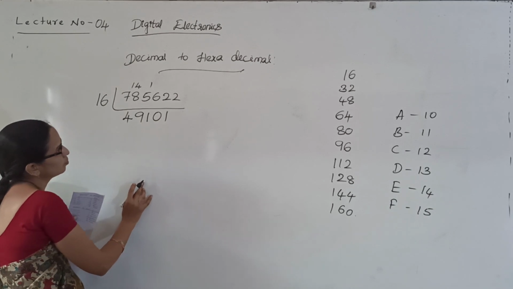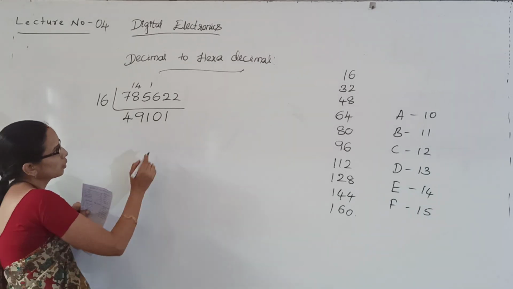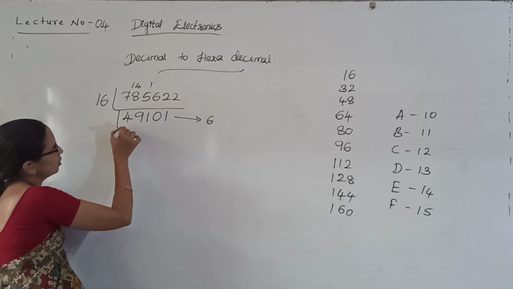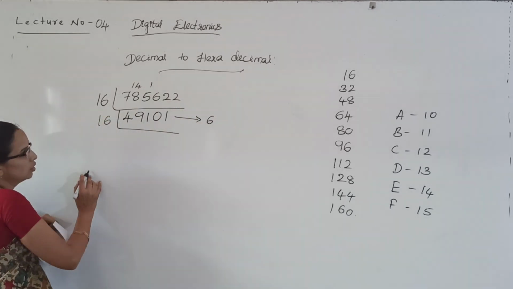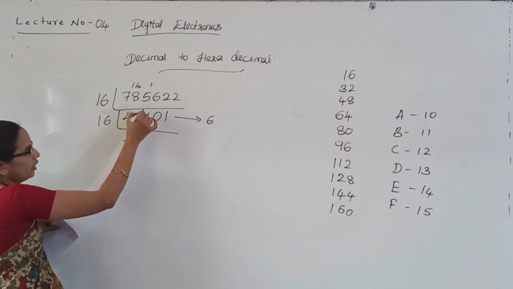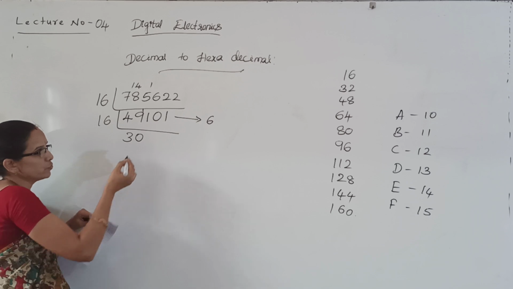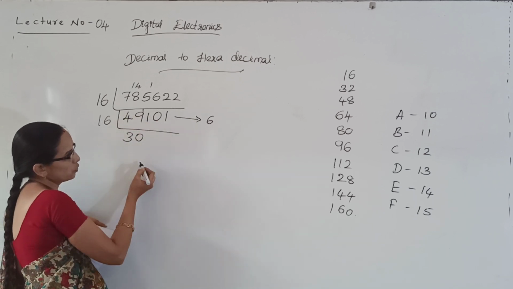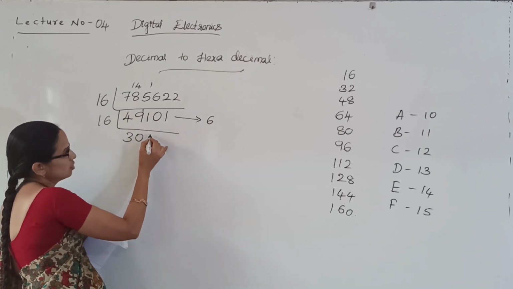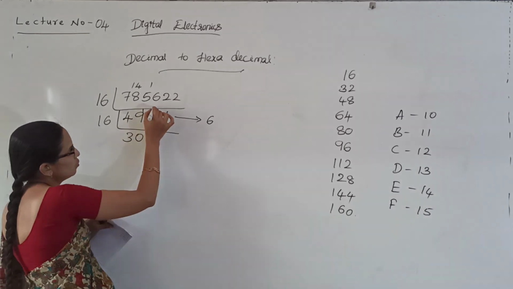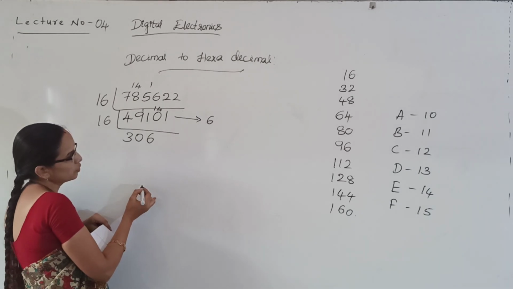What is remaining? 6 is remaining. 16 threes are 48. If you consider only one, it is not enough, so put 0. 110, that is 16 sixes are 96. So 14 is remaining.